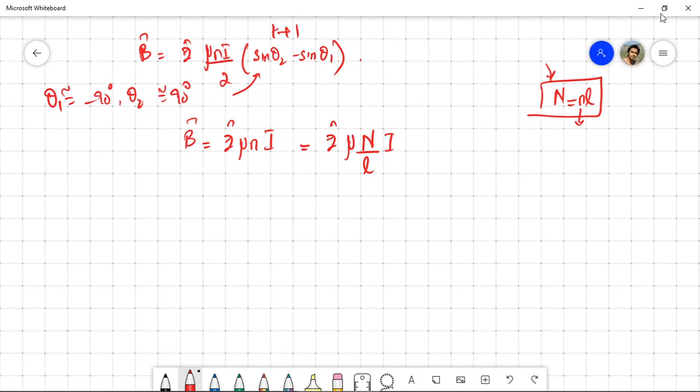He's also saying that we know we passed a current through a solenoid, and as a result a magnetic flux was generated. If that magnetic flux is linked with another conductor placed in its vicinity, and this magnetic flux is changing its value, then it will generate an EMF in that conductor according to Faraday's law.